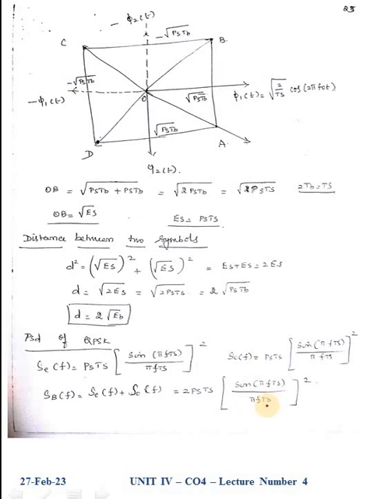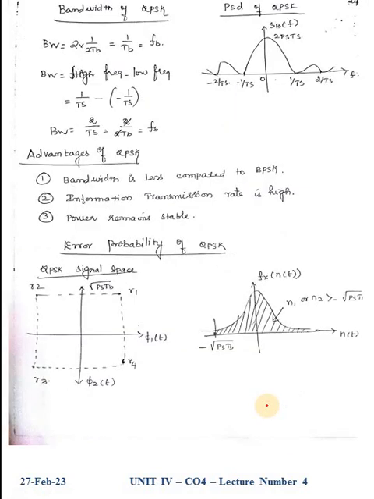Power spectral density can also be obtained by using the above equation, and the bandwidth requirement of this QPSK is 2 into 1 divided by 2 TB, so this is equivalent to FB.